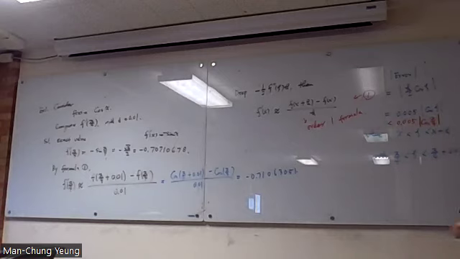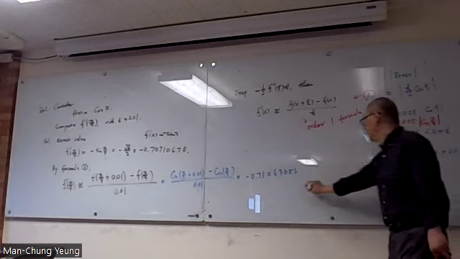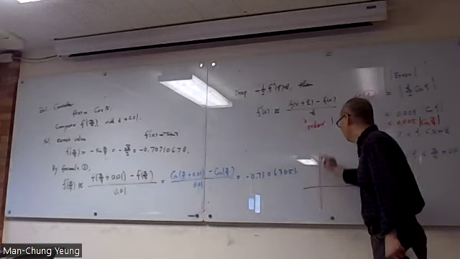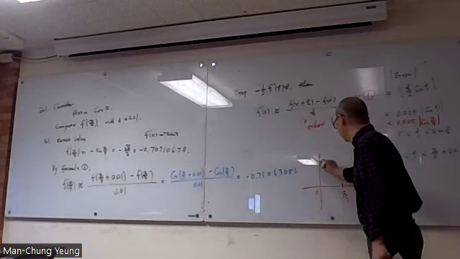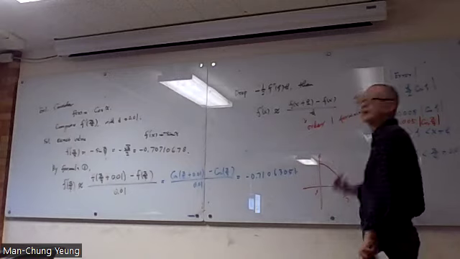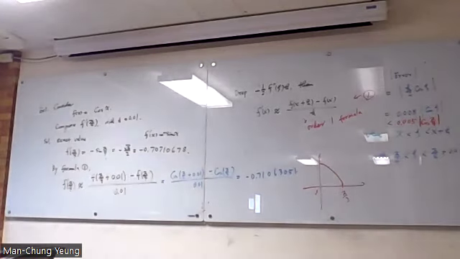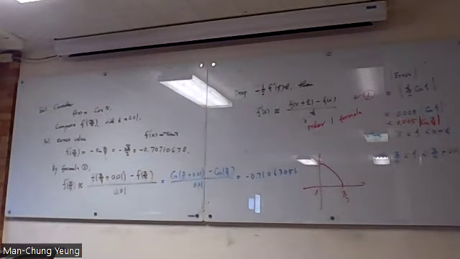You see, the graph on 0 to pi over 2 is decreasing, so this number is greater than this number.